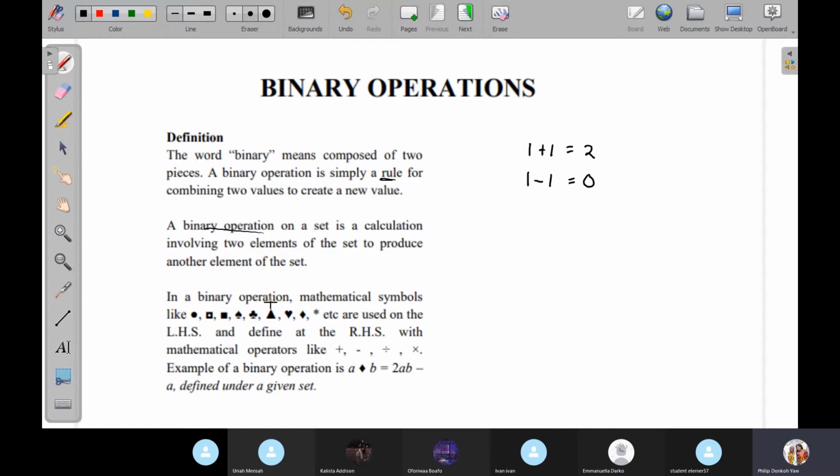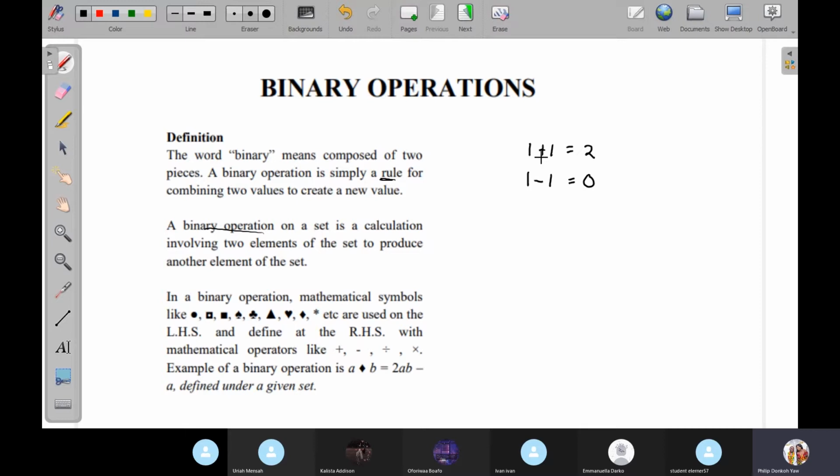So in binary operation, some mathematical symbols like the dot, the square with a dot, or a square alone, and some symbols like the spade, the club, the triangle, the heart, the diamond, as well as the star, are used to represent the rule. Because in some binary operations, you may not see only one operational sign. For instance, in this example, we have only the addition sign.